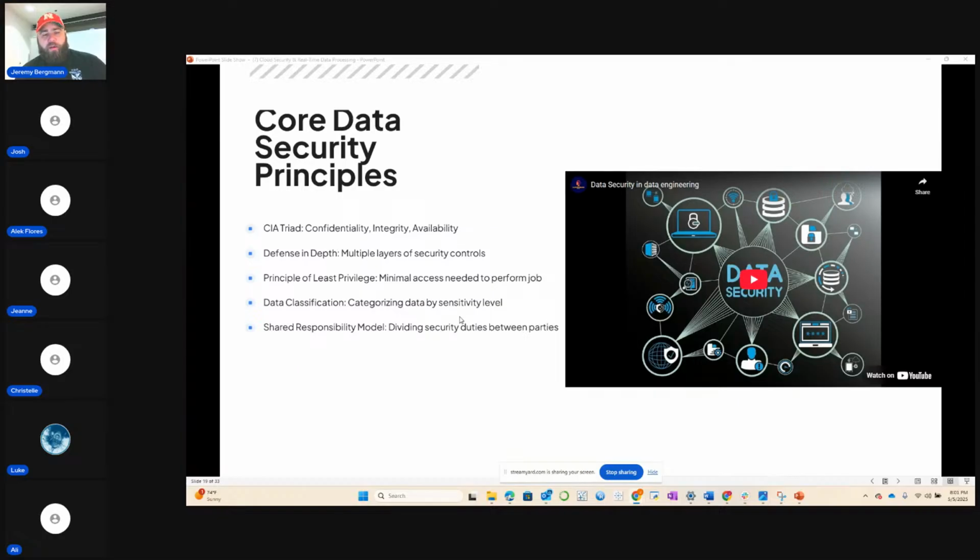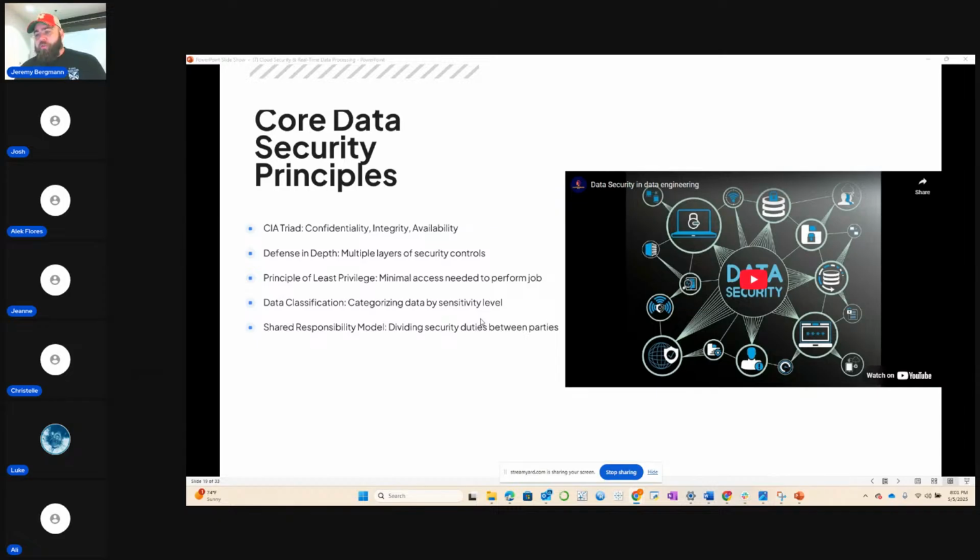Sales leads would probably be medium sensitivity. But something like a systems list, being able to see all the systems in the company, some type of information in a data warehouse about that, maybe you actually want a lot of people to be able to see it. So classifying data to that sensitivity level helps you with some of these other security principles too.